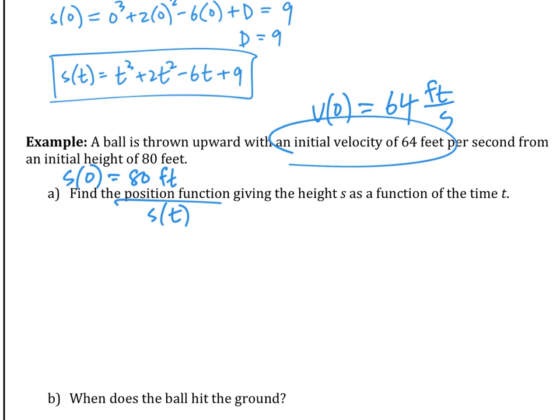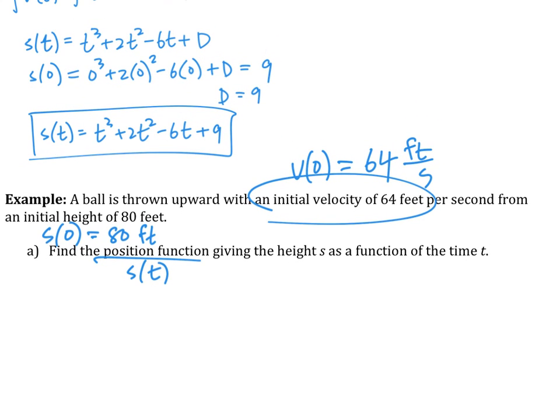One important part that they should have written in here is that a of t is equal to negative 32 feet per second squared for gravity. So in order to find s of t, you have to start from the function.